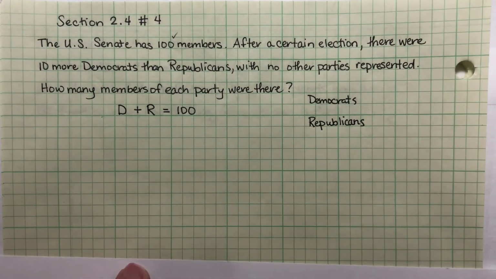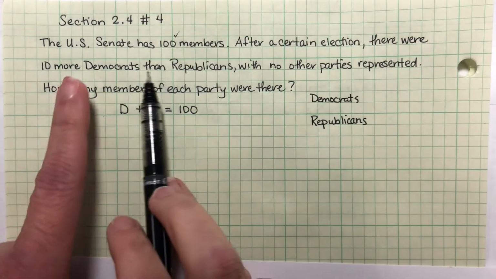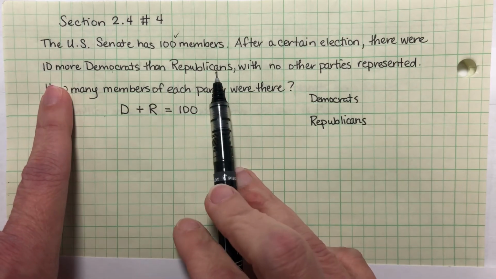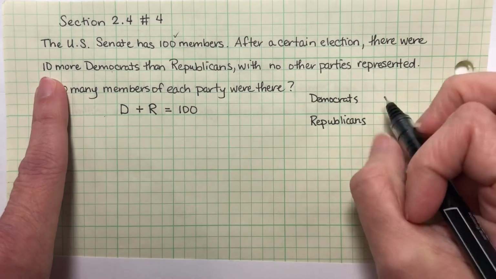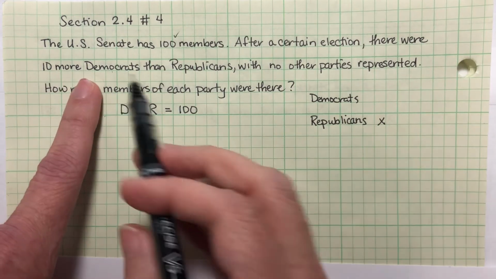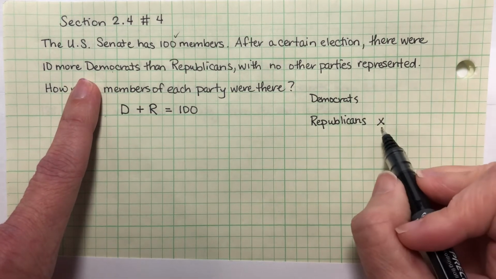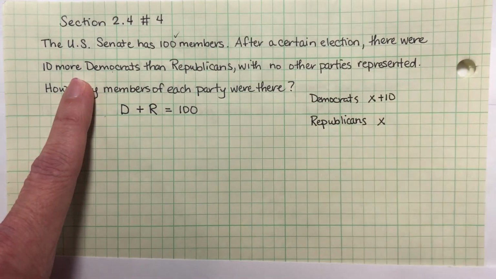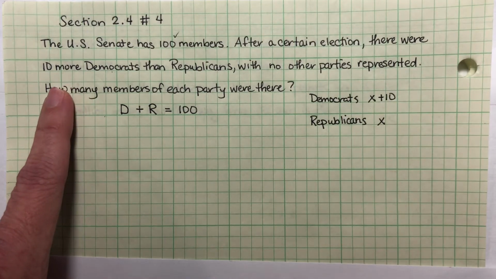Well, what I tend to do anyway is I ask myself, which of these has the least? Well, there were 10 more Democrats than Republicans. So I'm gonna let my X equal Republicans. There are 10 more Democrats than Republicans, so whatever this number is, I'm gonna add 10 to it to find out the number of Democrats.